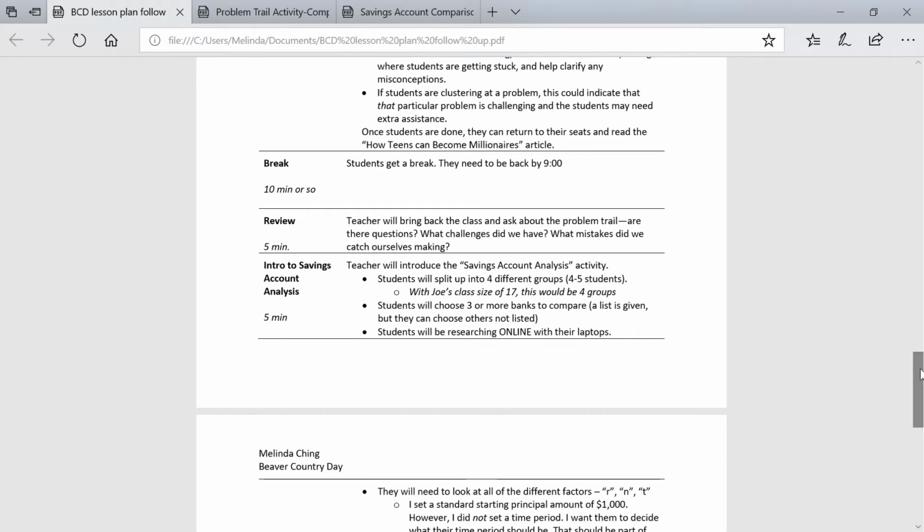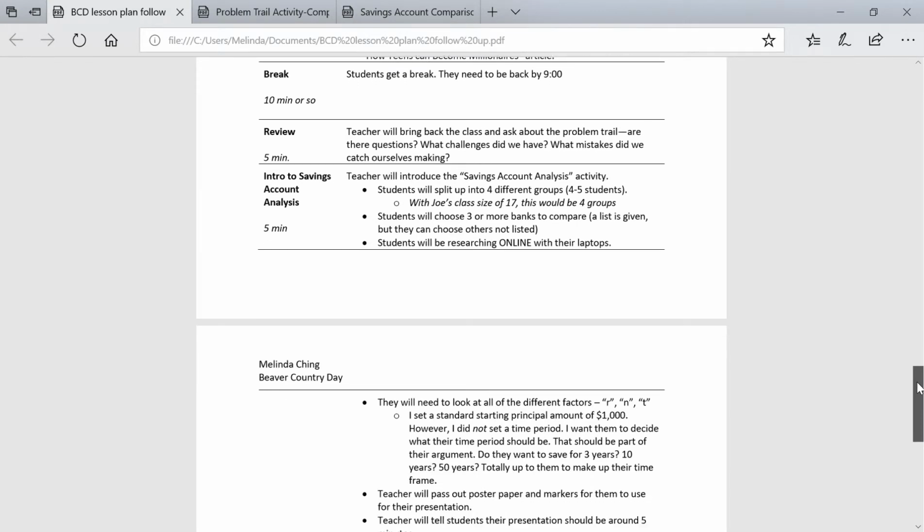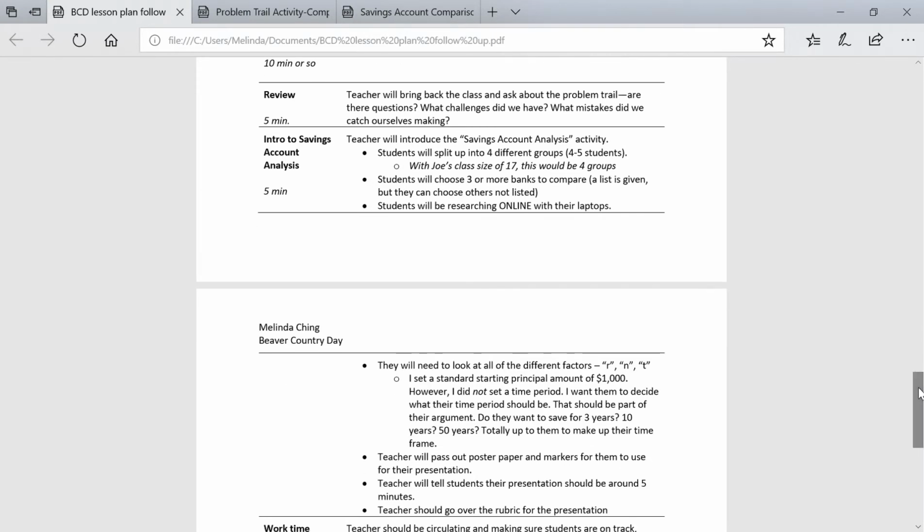So the general gist of this is, I believe you guys saw the extension activity that I made. I modified it a bit to have more freedom of choice for the students. I do agree that students having the ability to choose makes them more engaged, more independent, and it's more realistic for research as well.